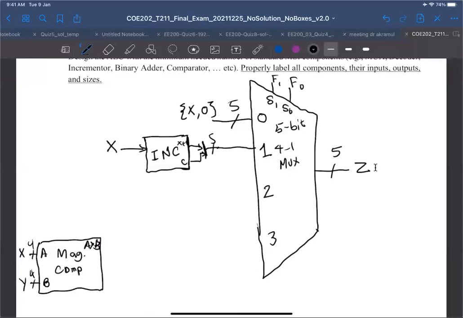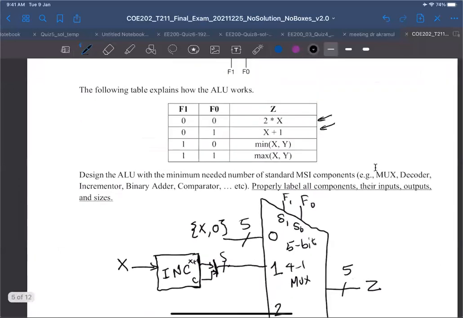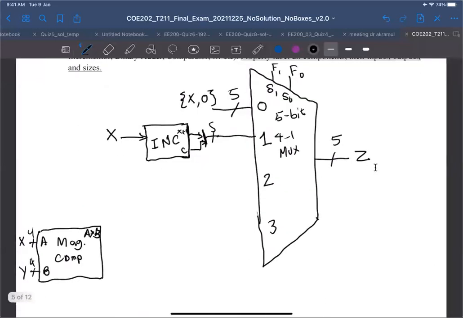If A is greater than B, then B is the minimum. So here we want the minimum first. We have a multiplexer that chooses between 0 concatenated with A and 0 concatenated with B. Remember, we need 5 bits, so we have to concatenate a 0 to the left of the number.